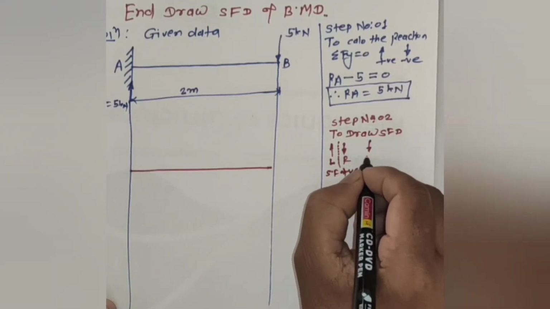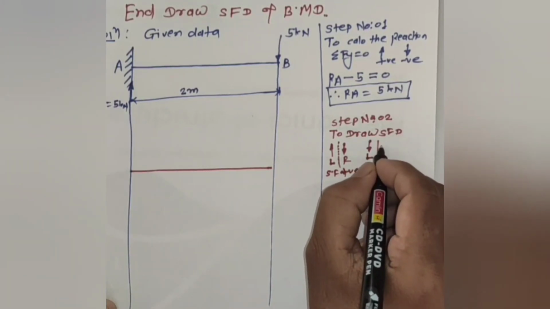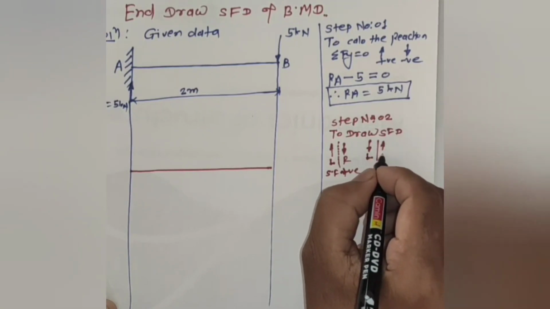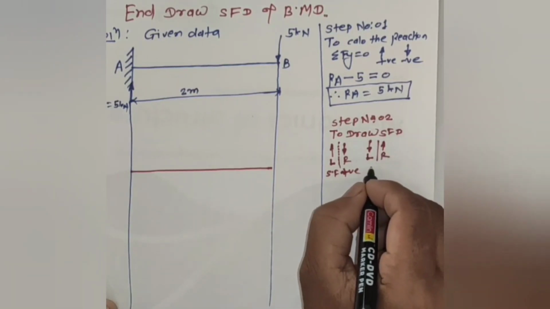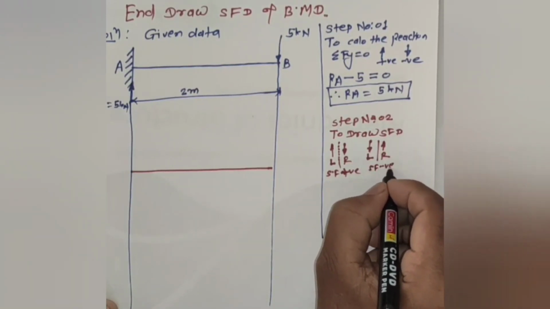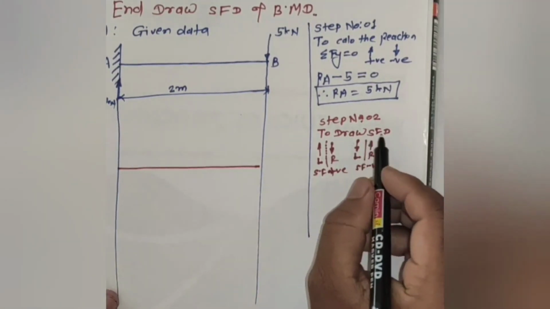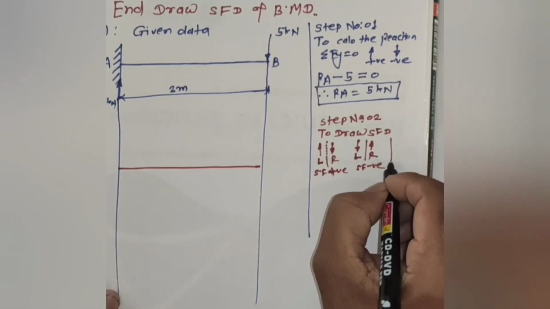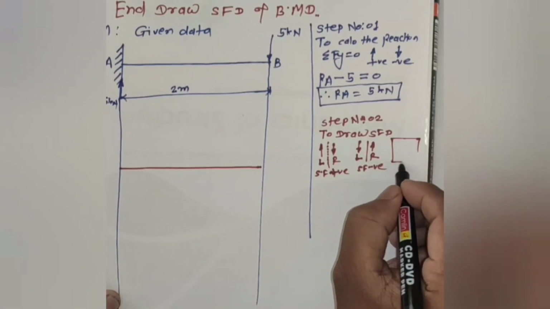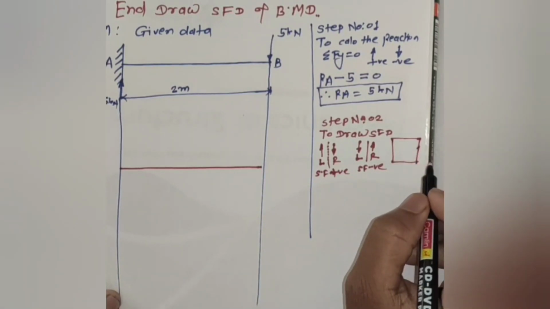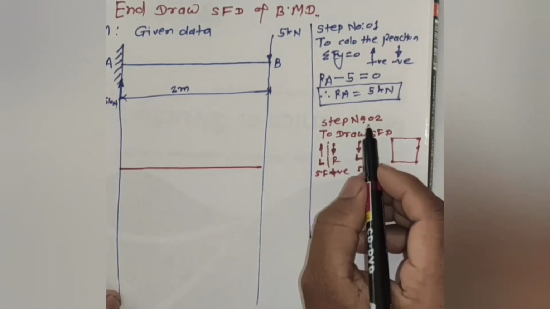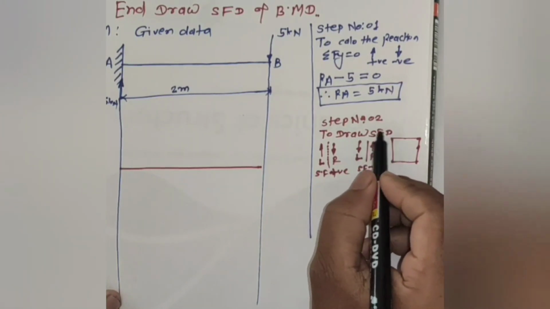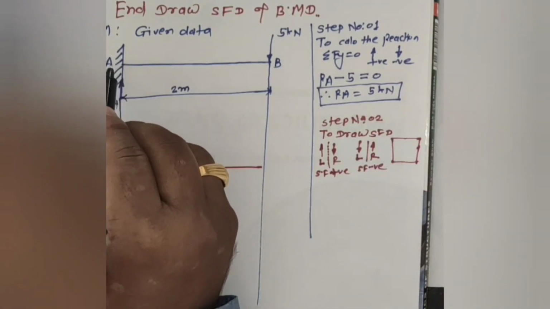Next, left side force goes downward and right side force goes upward, then SF should be negative. In short, you have to remember this sign convention. This is very useful when you calculate the shear force diagram of cantilever beam.